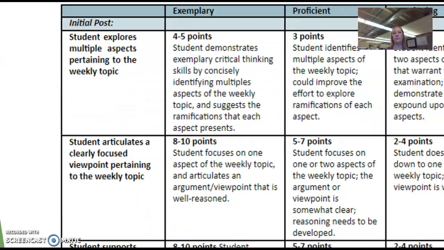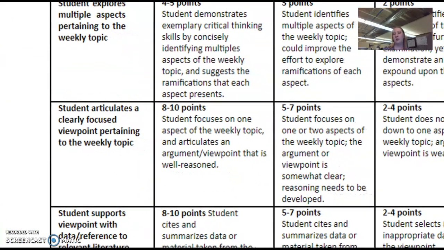So that's going to be based off of, did you talk about all the things that were listed in the prompt? The next section is student articulates a clearly focused viewpoint pertaining to the weekly content or topic. So it says students focused on one aspect of the weekly topic. I don't care so much about the one aspects part. Articulates an argument viewpoint that is well reasoned.